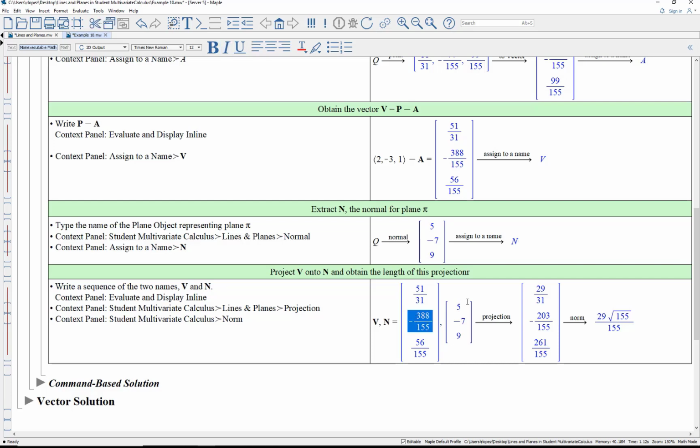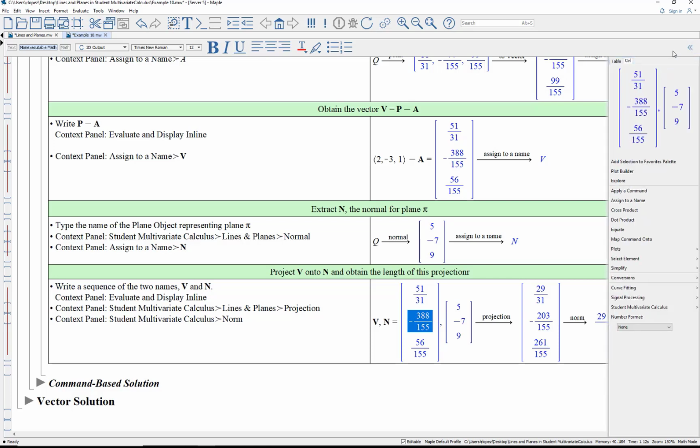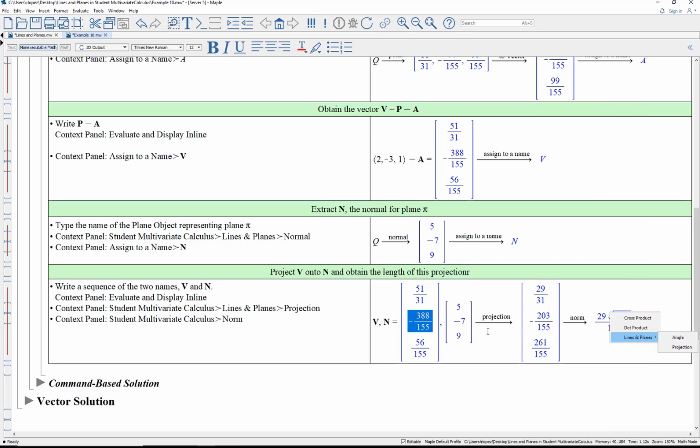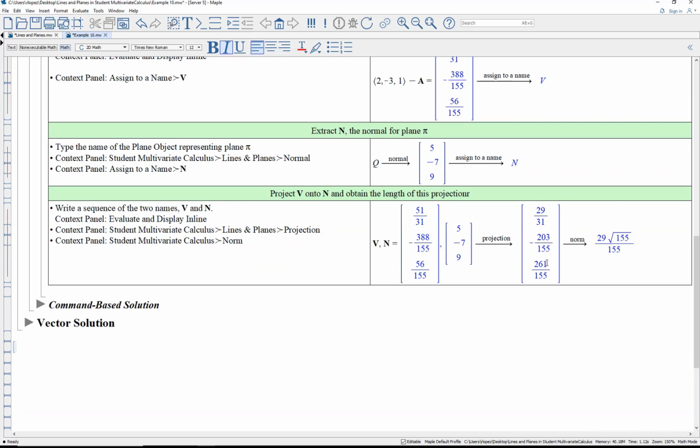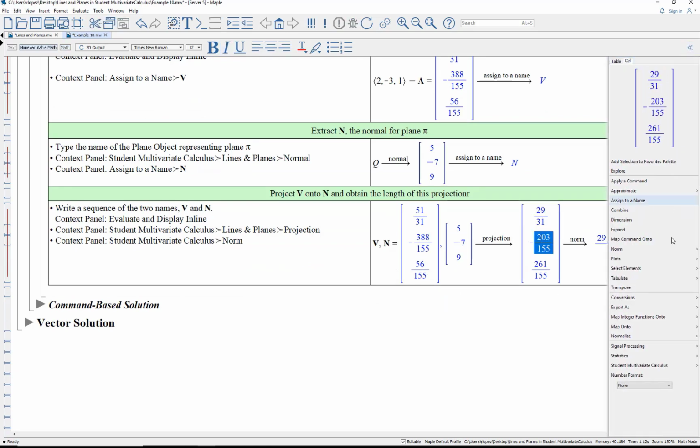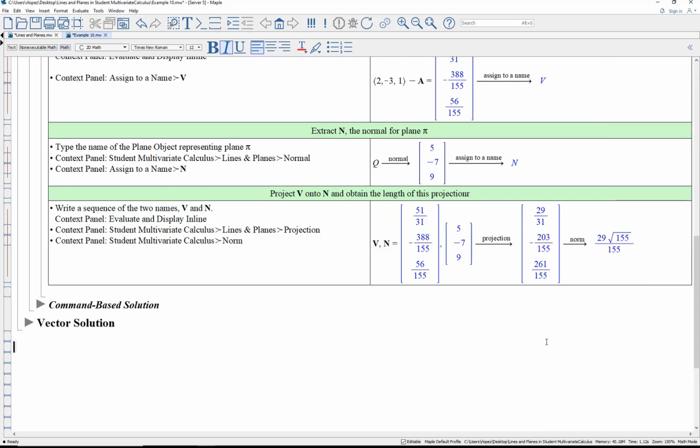To do that, we make use of Lines and Planes, and there's a projection operator there. So we invoke the projection operator, and then it's this vector we want to get the norm of. Here you get a norm operator right there. You pick Norm, and you get 29 over root 155.